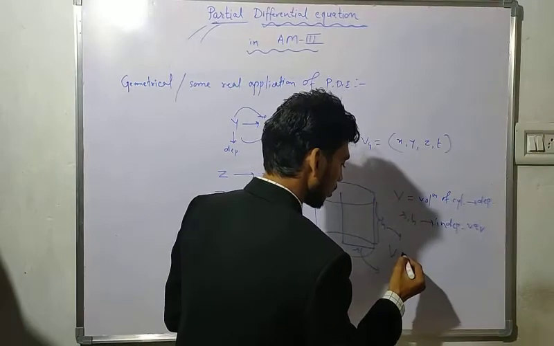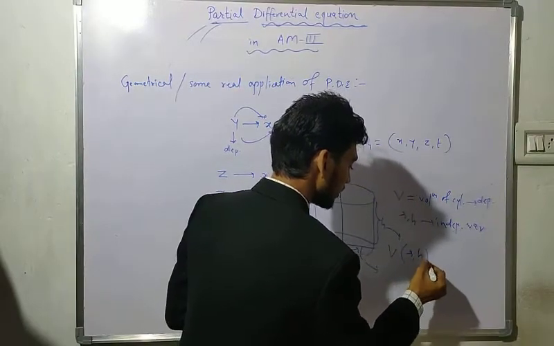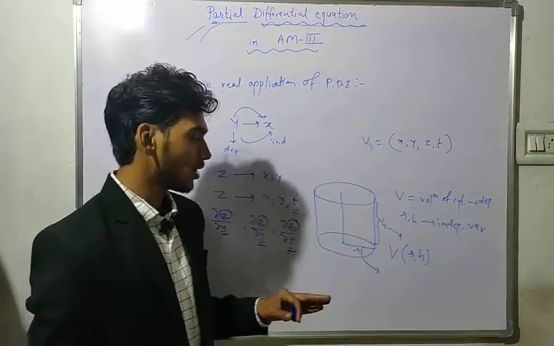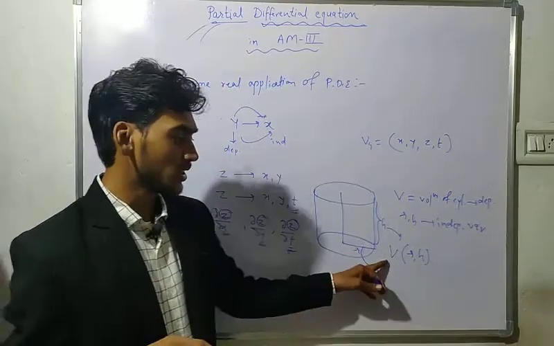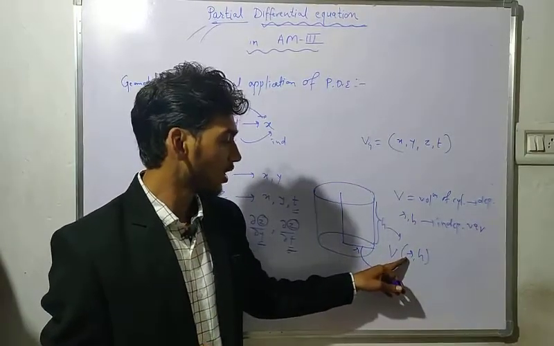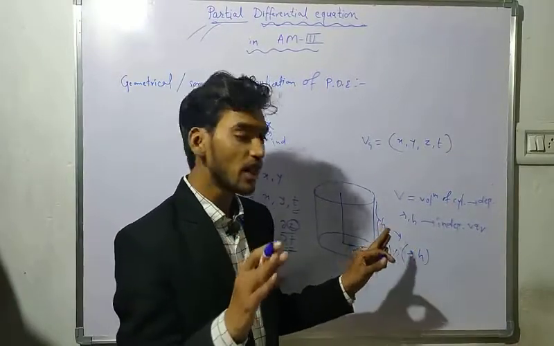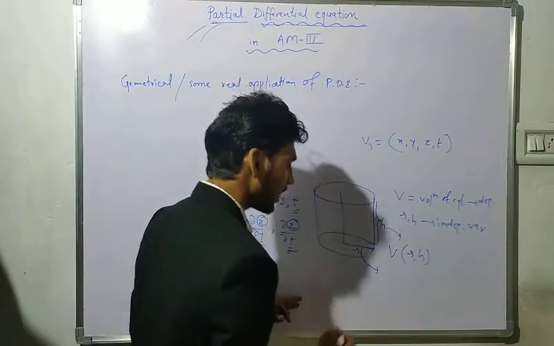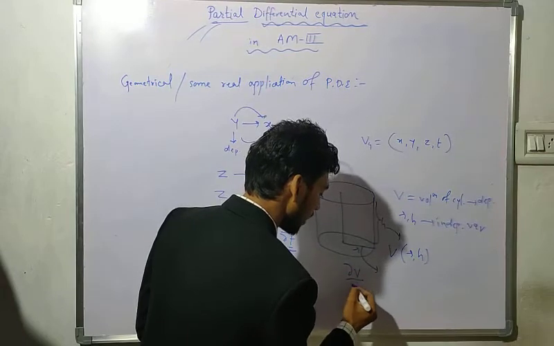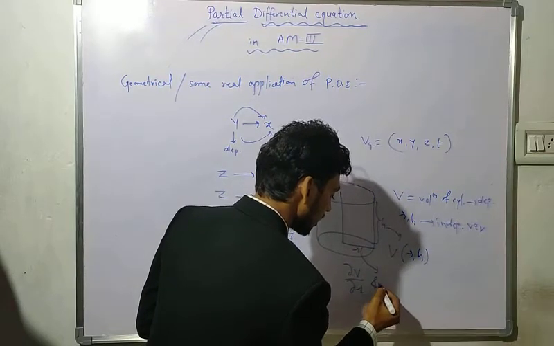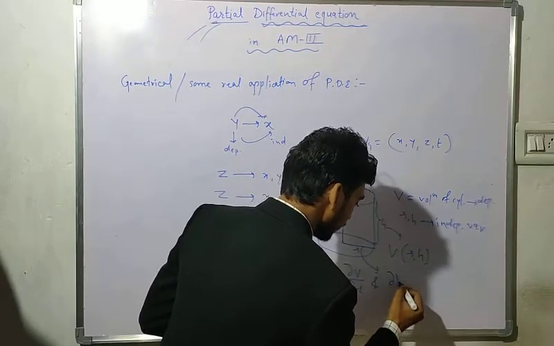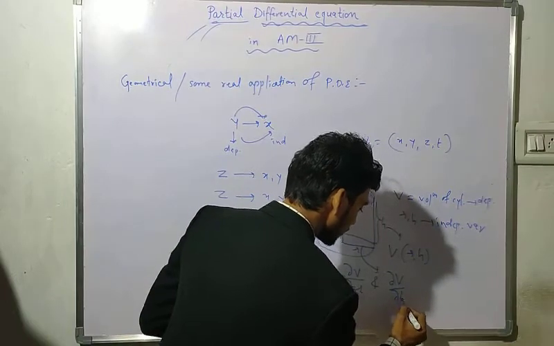So v depends on r comma h. In order to find whether v changes with respect to radius or with respect to height of that cylinder, we have to find the partial derivatives del v by del r and del v by del h.